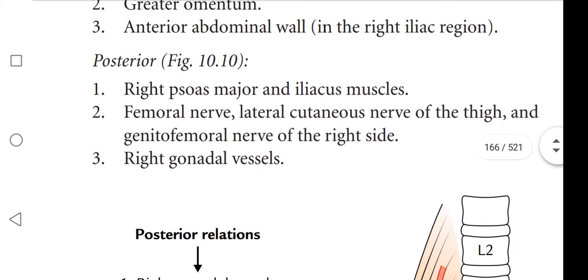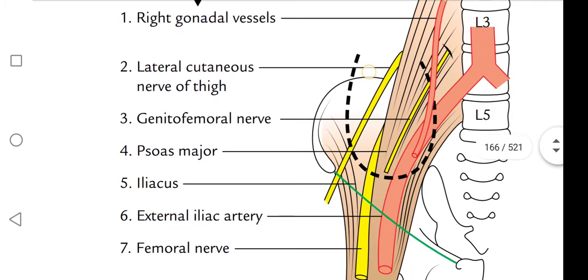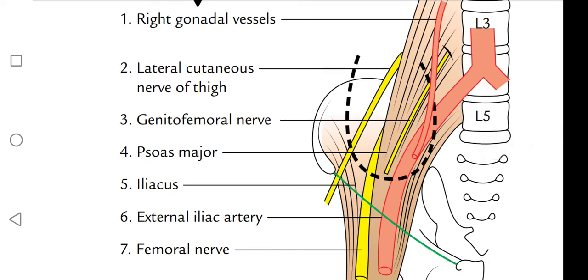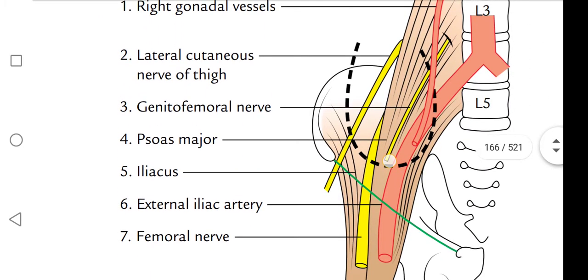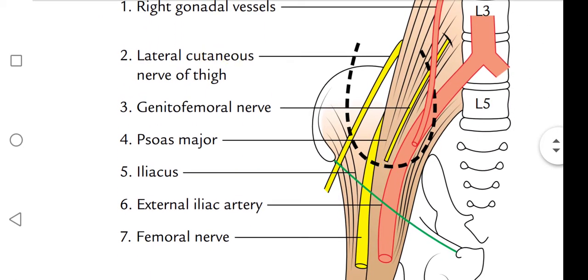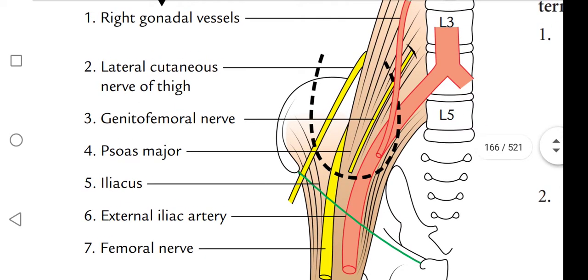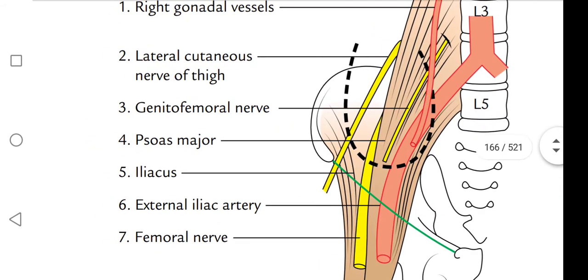Next is the femoral nerve. Next are the lateral cutaneous nerve of thigh and the genitofemoral nerve of the right side. The lateral cutaneous nerve of thigh comes out behind the psoas major.